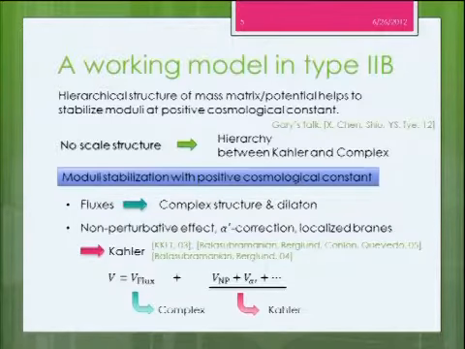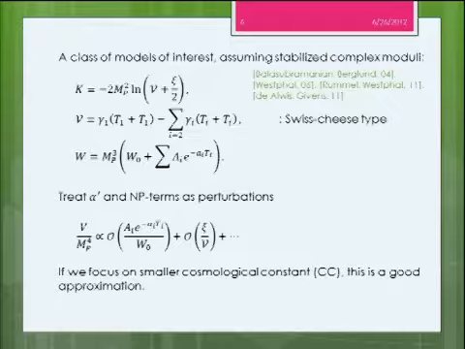So we can separate these two things, and today we just focus on the Kähler part, assuming the complex structure moduli are all stabilized. From now on, we use this model. The Kähler potential includes the alpha prime correction here, the volume is given in this form, and we also added a non-perturbative term in the superpotential.